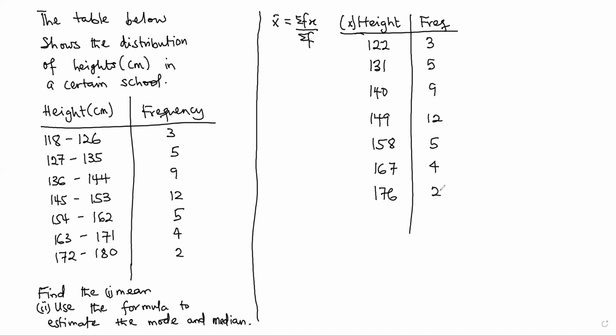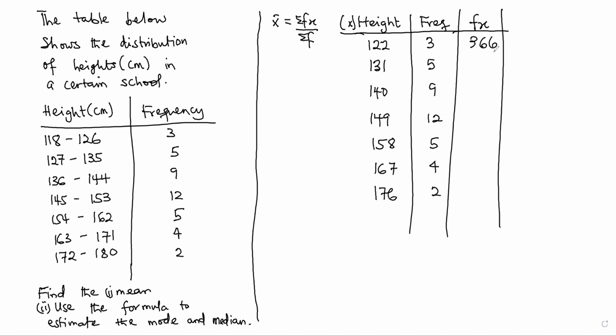Okay. So to find the mean, we need to create a column for fx. To find the fx, we will multiply the frequency by the x. So 122 times 3 is 366. 131 times 5, in that order.